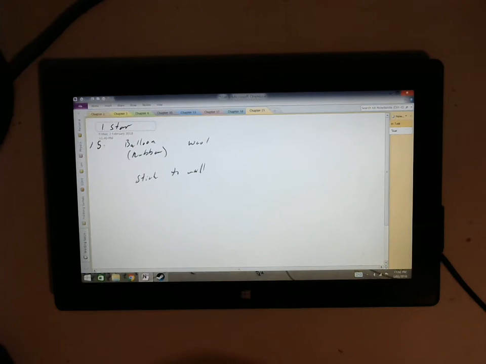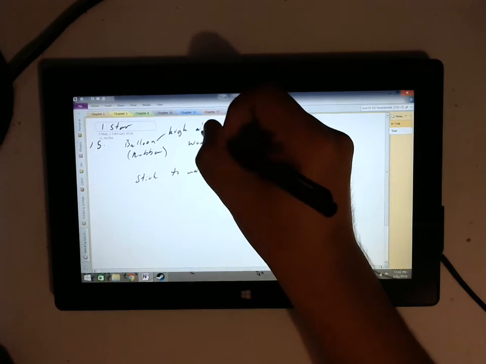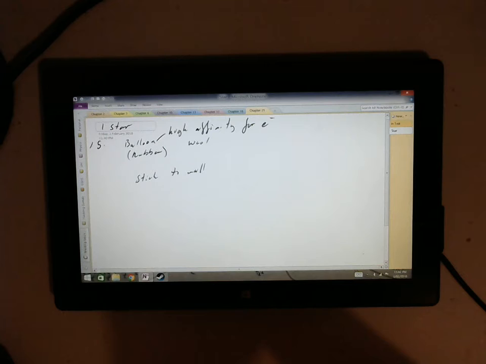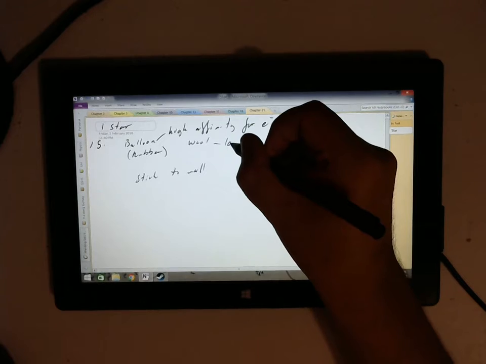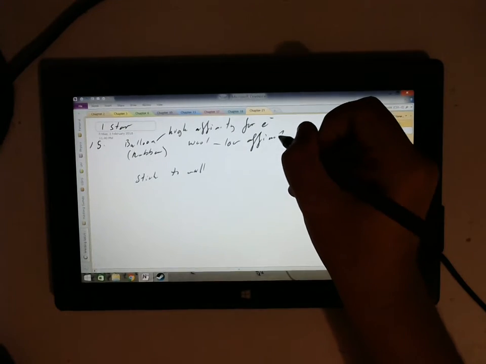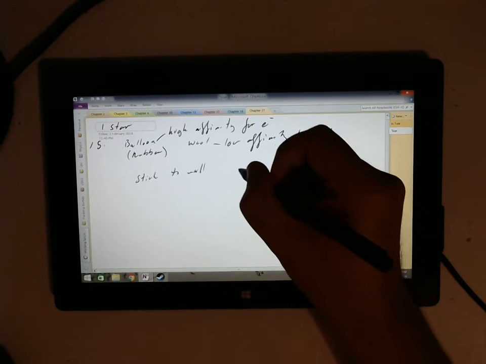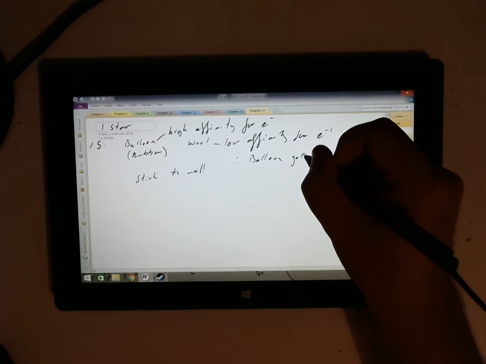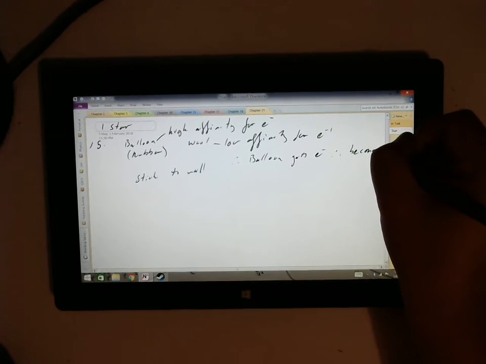Now, rubber is very, very low on the list, so the balloon has a high affinity for electrons, while wool is very far up on top of the list, so it has a low affinity for electrons. So this means that if we rub these two things together, the balloon gets E minus, therefore becomes negative.